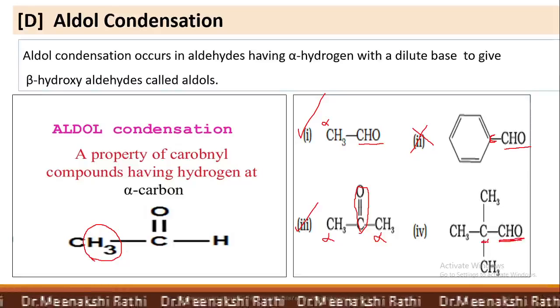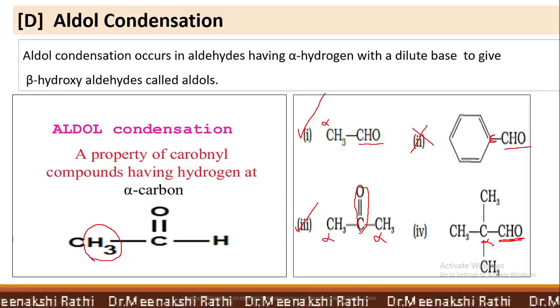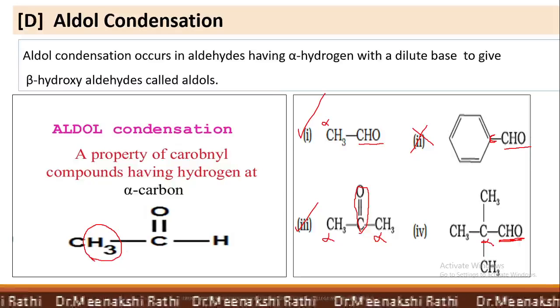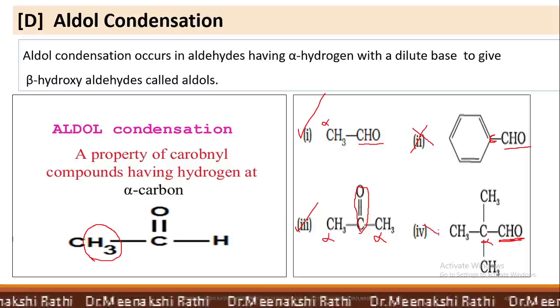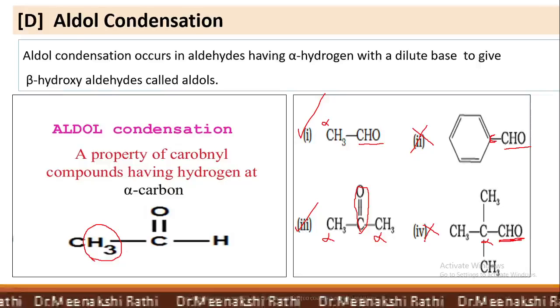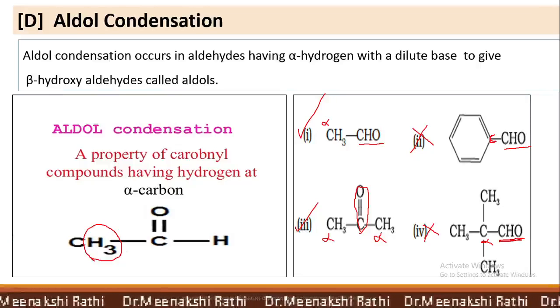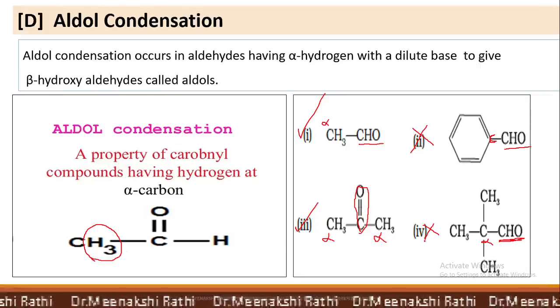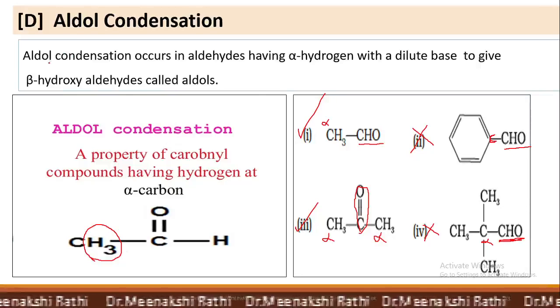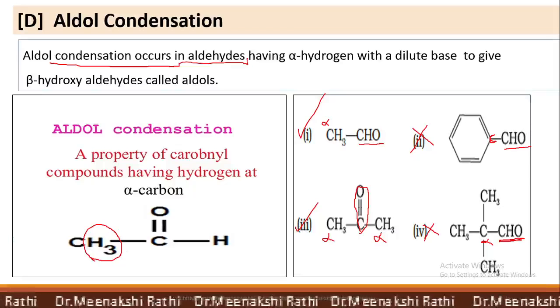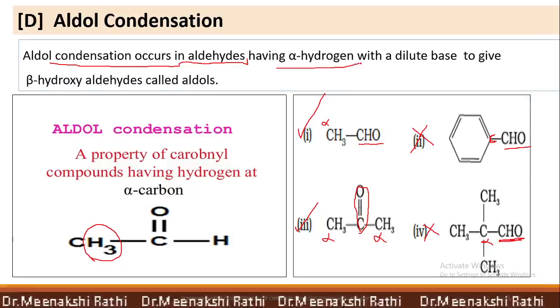This is the alpha carbon. No hydrogen is attached to the alpha carbon, so it cannot undergo aldol condensation. So what is the important requirement for aldol condensation? Aldol condensation occurs in aldehydes or ketones having alpha hydrogen atom.